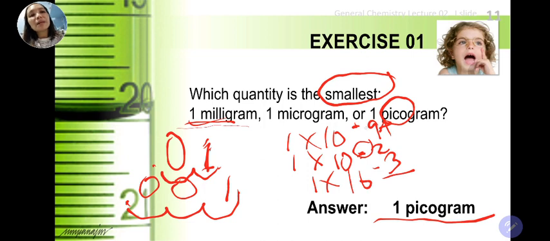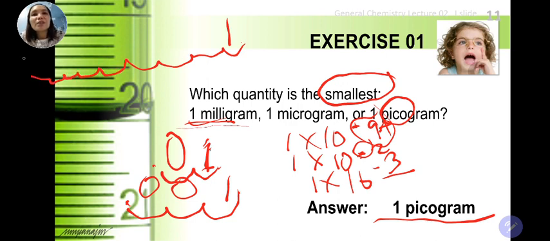Kung picogram naman, since 1 times 10 to the negative 12, kung this is your value, andito yung decimal point mo sa dulo, sa right side. Kung negative yung exponent mo, you have to move it to your left. So, kung 12 siya, 12 times. So, 1, 2, 3, 4, 5, 6, 7, 8, 9.